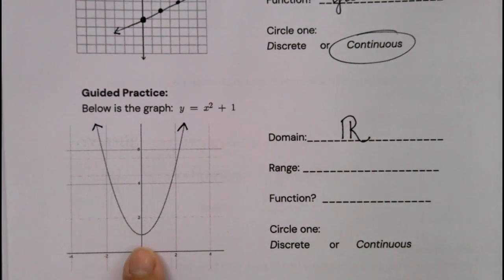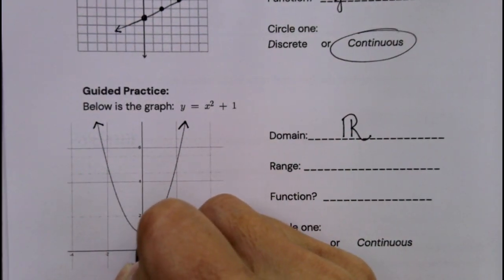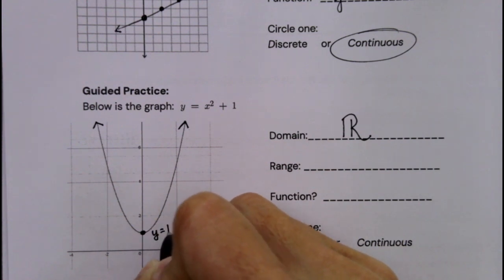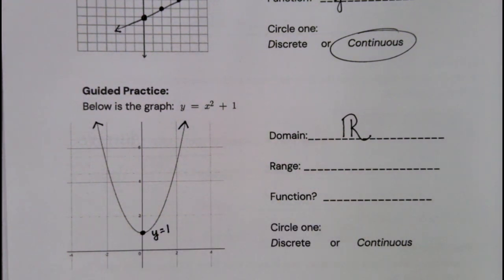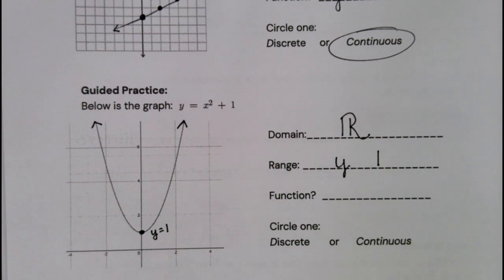At the bottom, which is at what number? I heard somebody say it. 1. So you agree this is y equals 1 right there? So if it started at a y of 1, did it get larger than that or did it get smaller than that?